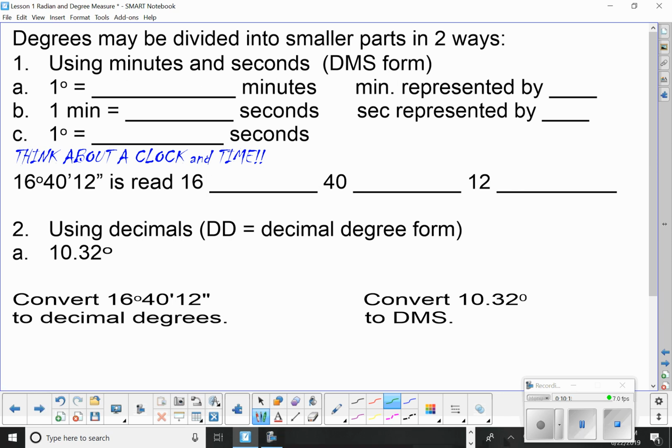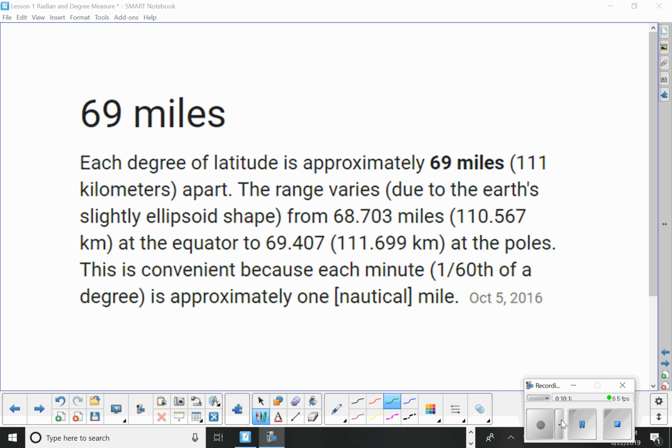As a matter of fact, hang on, I'm going to pause this for a moment and show you something. Okay, a degree in latitude, because our Earth, we go from the center of the Earth to the surface of the Earth. Each degree of latitude is approximately 69 miles or 111 kilometers apart. The range varies due to the Earth's slightly ellipsoid shape, from 68.7 to 69.4 miles, okay, at the poles.